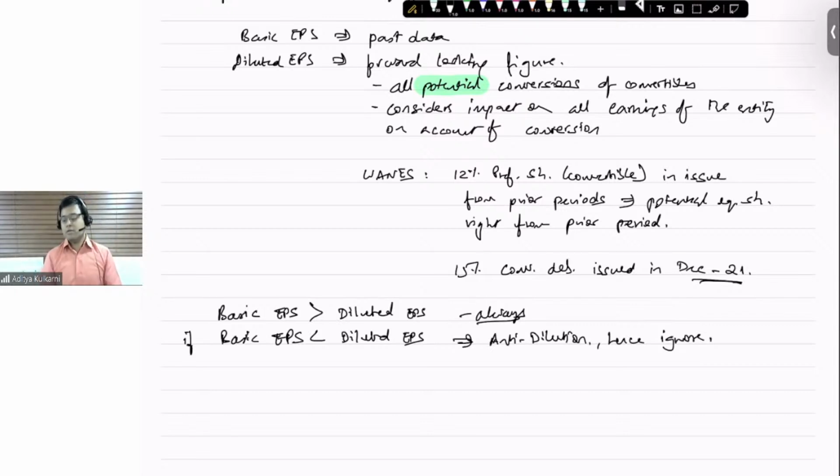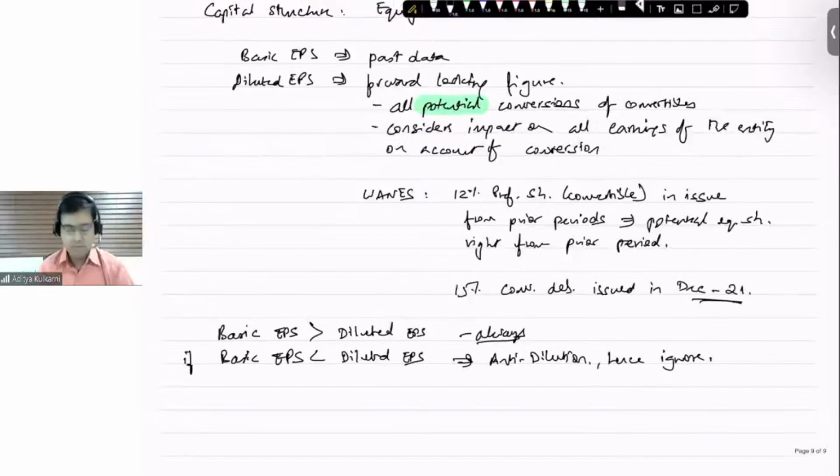Hence, ignore. Is it okay? So in such cases, ignore those shares and then do your EPS calculation with the other shares. तो ये हो गया मेरा anti-dilution. You will consider only diluted impacts, not anti-diluted impacts. Yes. All clear?